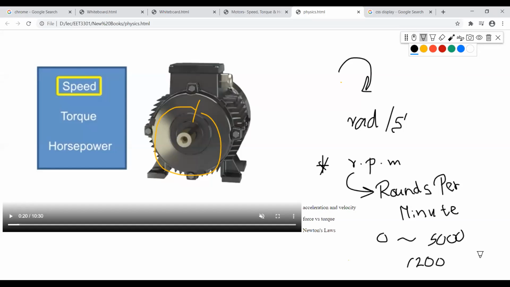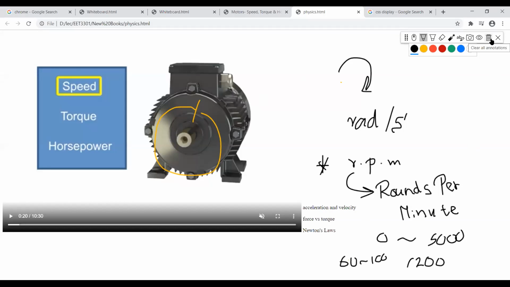And there are small DC motors with RPM values of around 60 to 100. So depending on the speed, sometimes the motor type varies. Those basics we will learn.